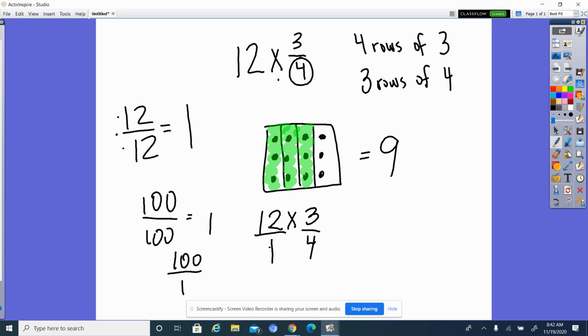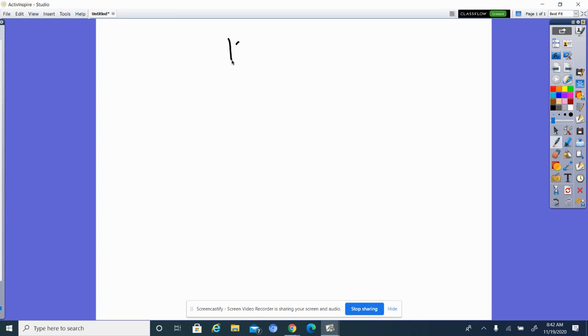Okay, good. So if we do that, 12 over 1 times 3/4. Now, remember, I say we do different things for adding and subtracting fractions and multiplying and dividing. Adding and subtracting, what do we have to do? Find a common denominator.